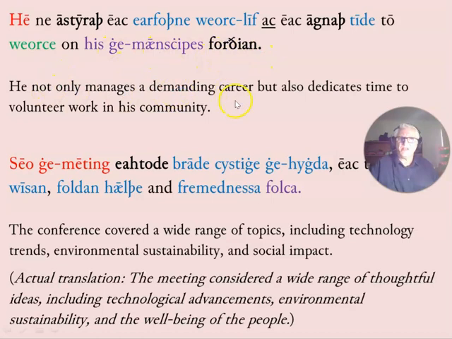Okay, he not only manages a demanding career but also dedicates time to volunteer work in his community. So he not only manages, also demanding, difficult work life, but also dedicates time to work in his community.